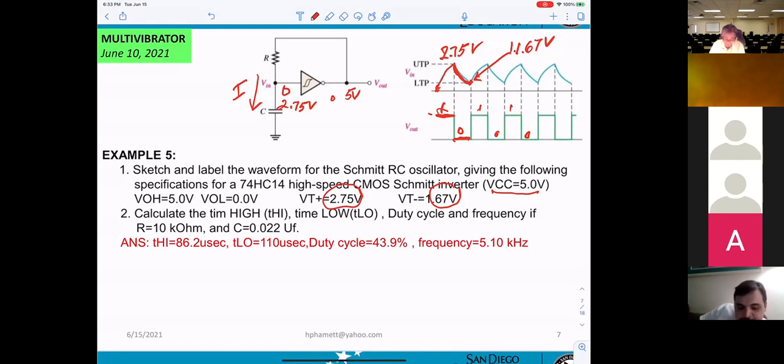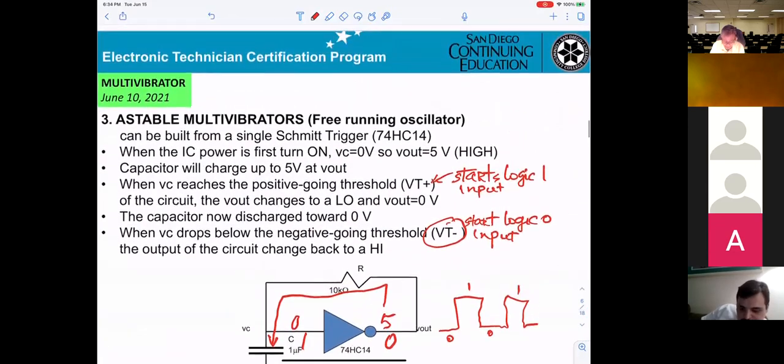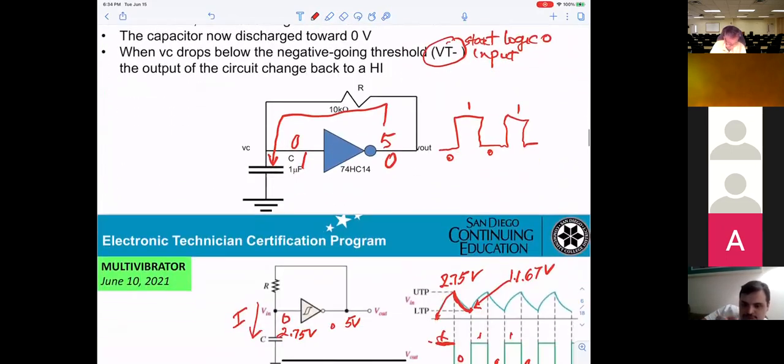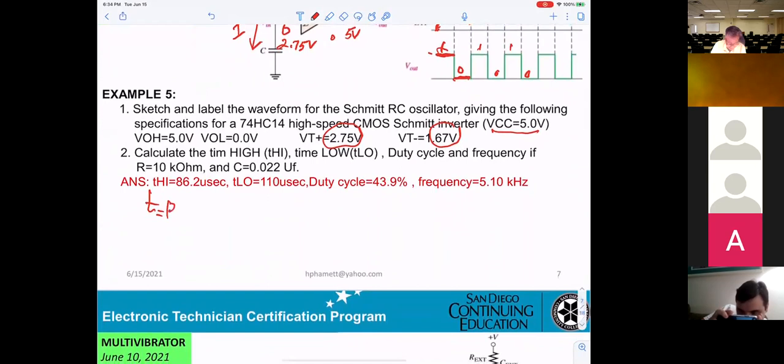So now if you want to calculate the time, the formula will be T equal, what T equal? Is it RC, right? RC natural log, RC ln times 1 over 1 minus delta VC divided by E. RC ln, natural log, 1 over, right?